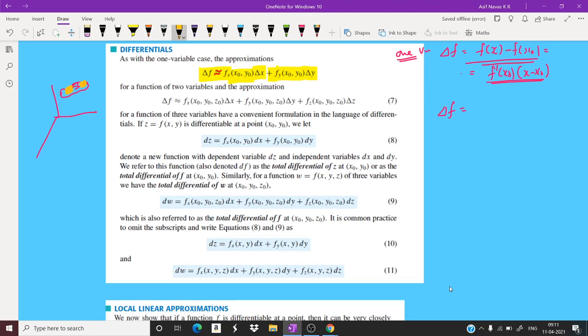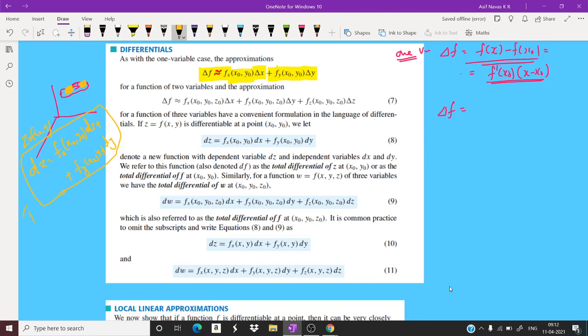So we know that the tangent plane is related to the total derivative of a two variable function. If z is a function f of xy, dz is equal to fx at x naught y naught dx plus fy at x naught y naught dy.